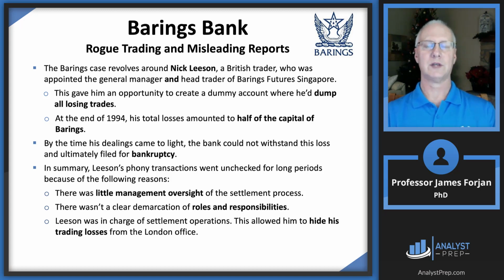And so he essentially had the ability to create dummy accounts where he could put his losses and prevent them from being seen by anybody else. Now, of course, you can only put so many losses into a special purpose vehicle until somebody asks the question, hey, what are all those things in there? And that ultimately led to bankruptcy.